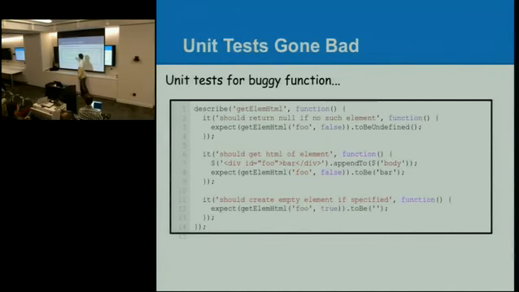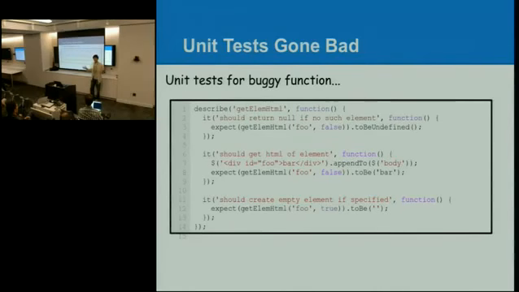And then we expect getElemHTML of foo to be simply the string bar. The last unit test should get the element of the ID foo, and by the way, create it if it doesn't find it. And in this scenario, we expect it to return the empty HTML of the newly created element.